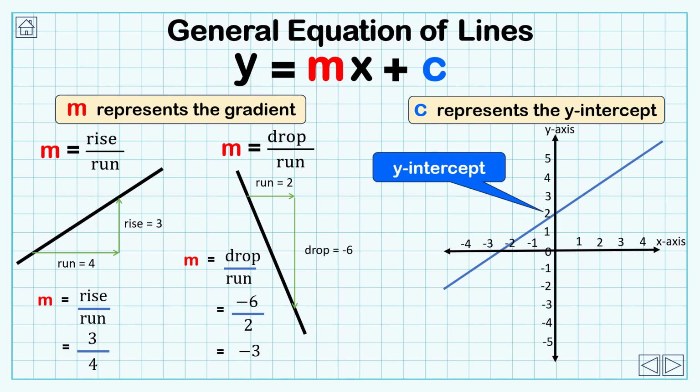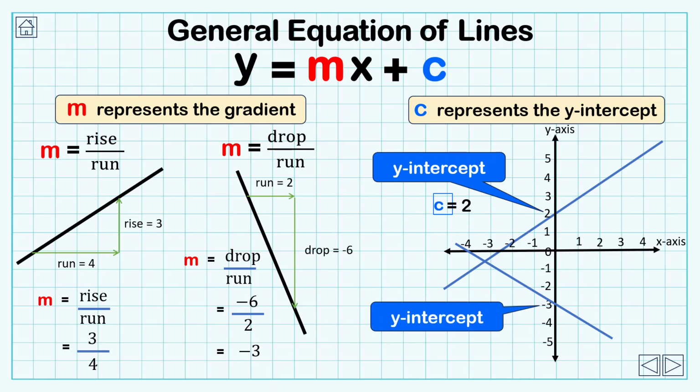Yes, you're right. It is c = 2. Let's look at another line. Here we go. And the y-intercept is, yes, that's right, c is equal to minus 3. Now, we are going to learn how to actually work out the values through some practice questions.